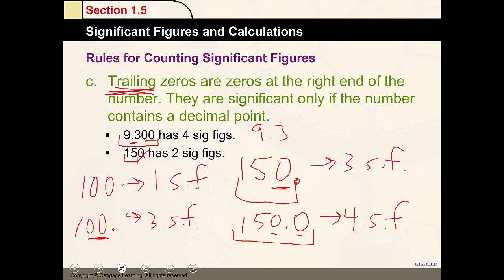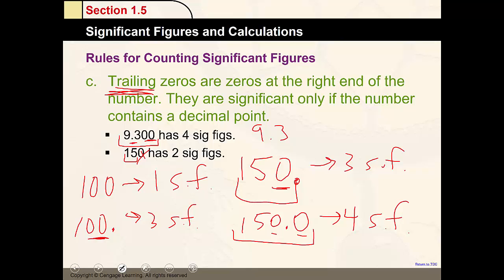Now, that number has 3 sig figs. Now, the tricky part here is, let's say I asked you to write 100 with 2 sig figs. And we're going to get back to that in 1 second.